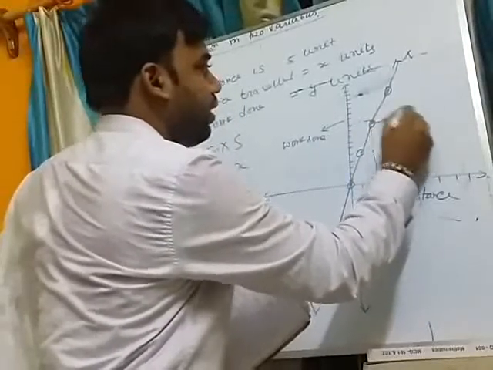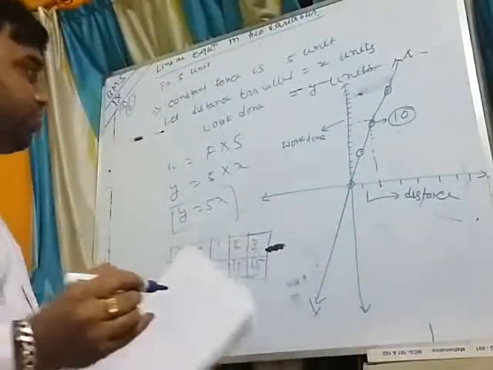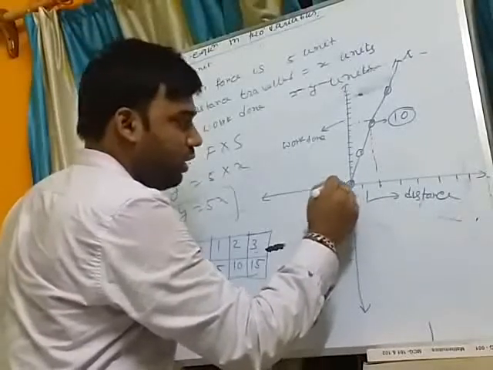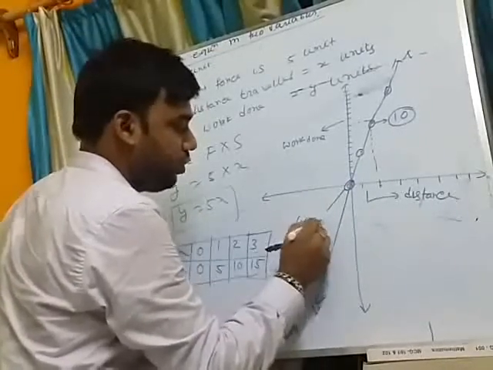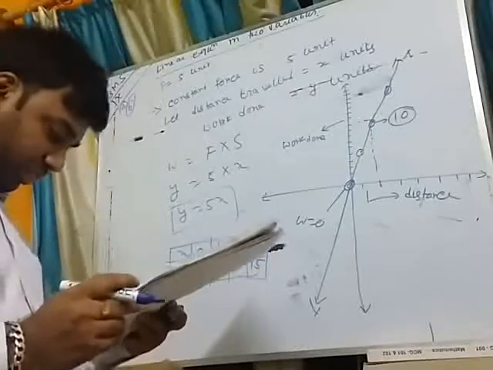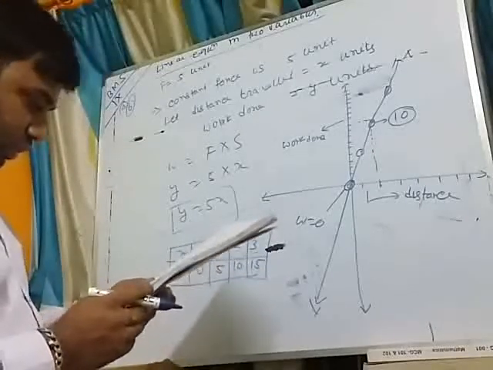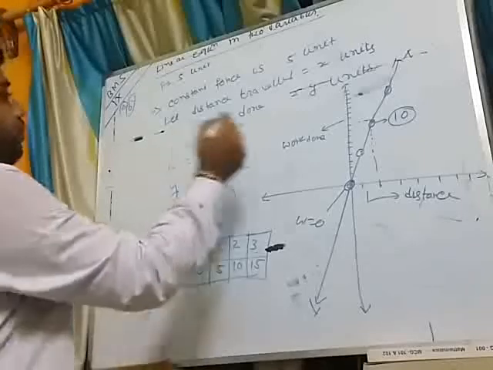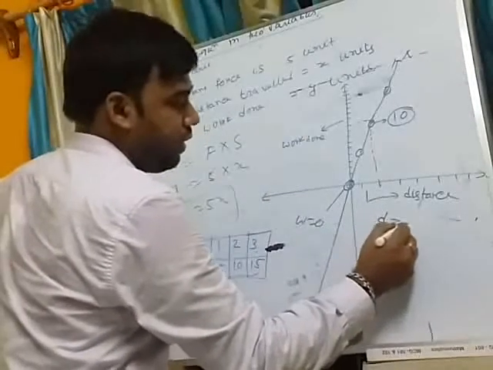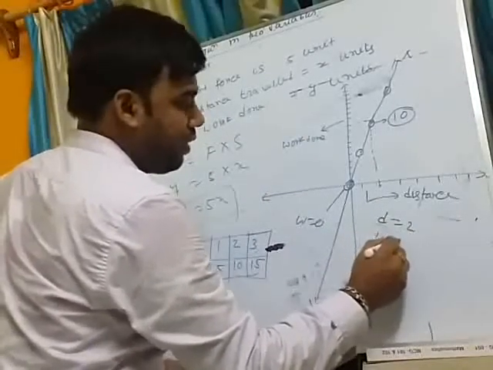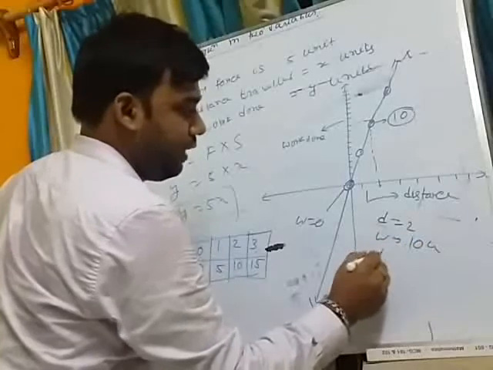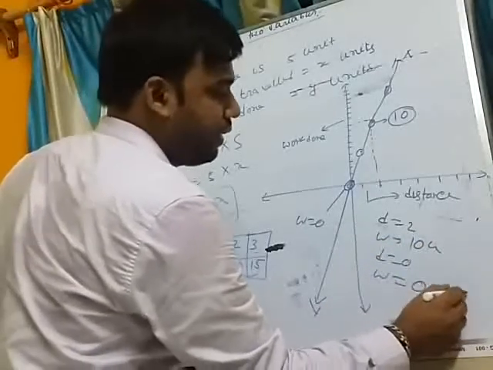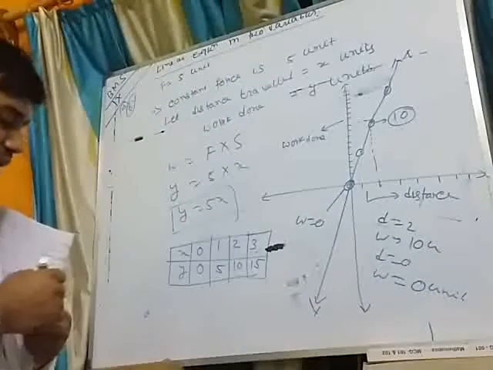And if distance is 0 unit, then y also is 0, so work done is 0. Okay, that is in question number 6: if distance is 2 unit, then work done is 10 unit. Distance is 0 unit, work done is 0 unit. Okay, this is the required answer.